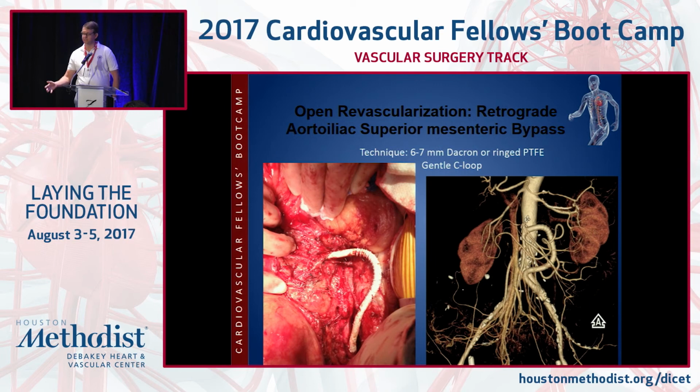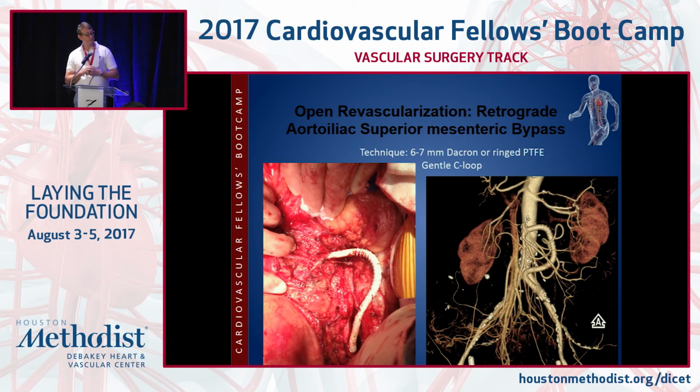By the time you divide the ligament of Treitz and reflect the bowel over to the right and upward a touch, you come down on the SMA almost on its underside. So when you create this bypass, you have to picture the way that when the guts fall back, you're going to have a nice gentle C loop in the bypass that won't kink.